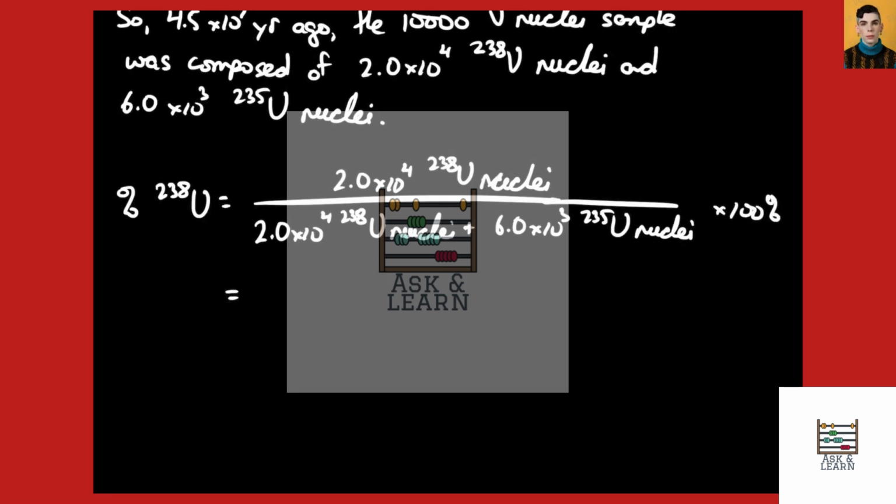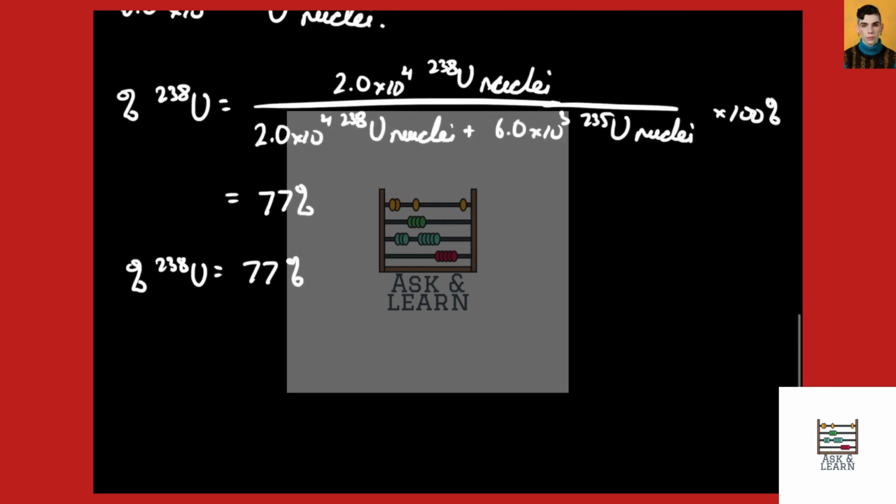And this would work out to 77%. So the percent composition of uranium-238 is equal to 77%. And by difference, the percent composition of uranium-235 would be 100% minus the 77%. This would work out to 23%. So there would be our percent composition of uranium-238 and uranium-235 when the Earth was first formed back 4.5 billion years ago.